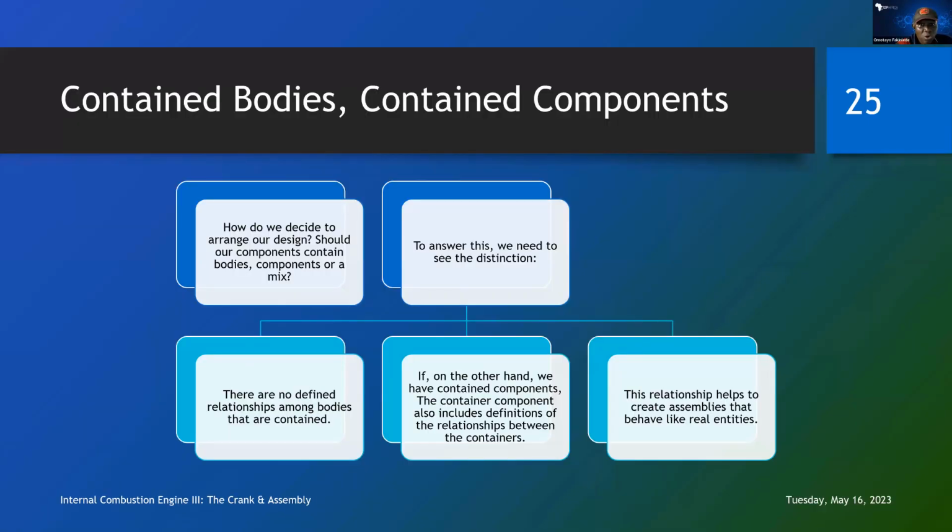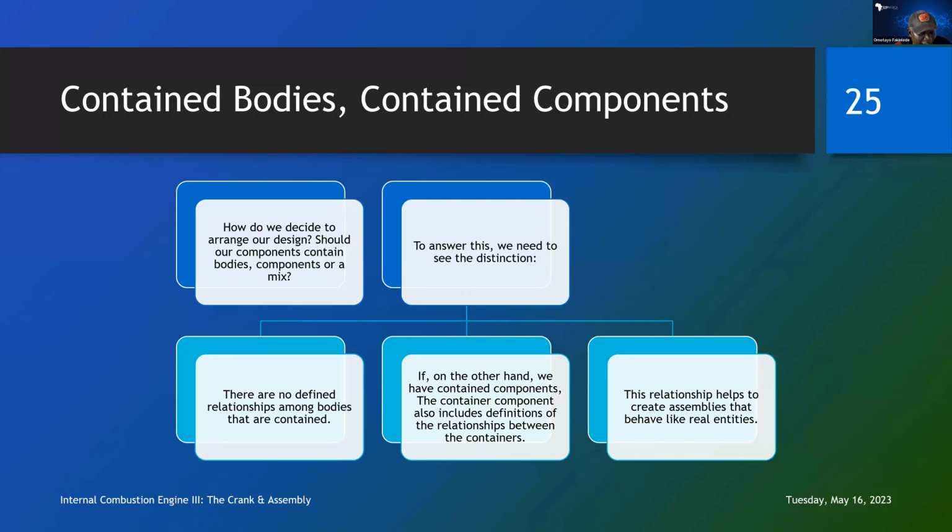Contained bodies, contained components. How do we decide to arrange our design? Should our components contain bodies, components, or a mix? Should they just contain components, or should they contain components and bodies? To answer this question, we need to see the distinction between a body and a component.